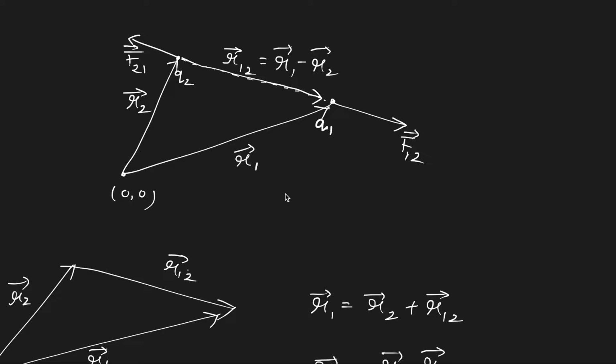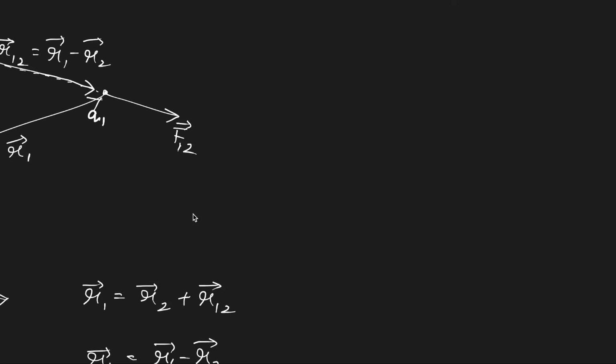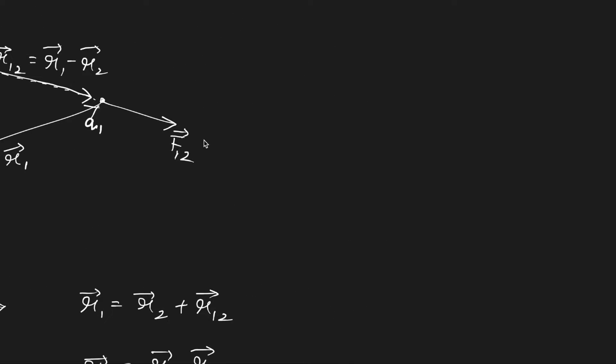After that, we can write the value: the f12 vector is 1 by 4 pi epsilon naught, q1 q2, the product of the charges, and the distance between them is the magnitude of the r12 vector.